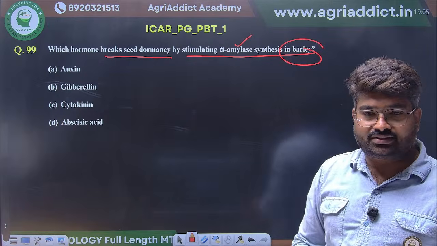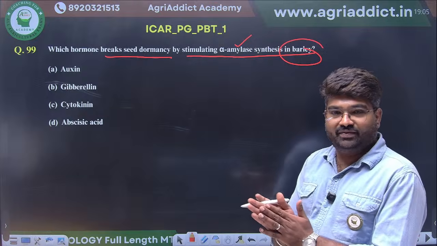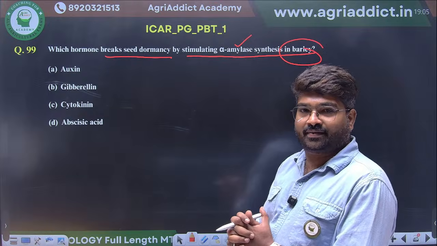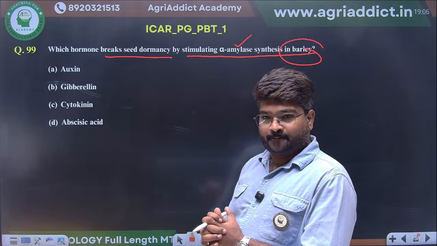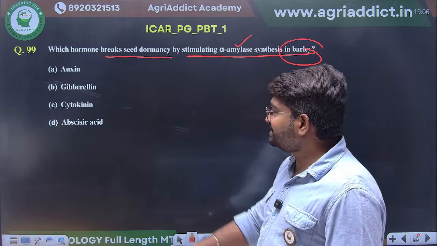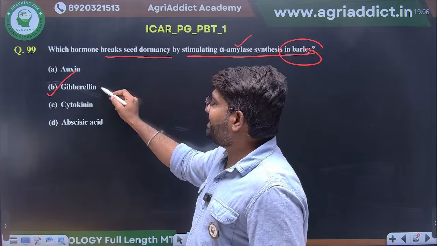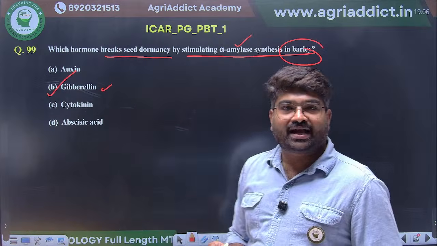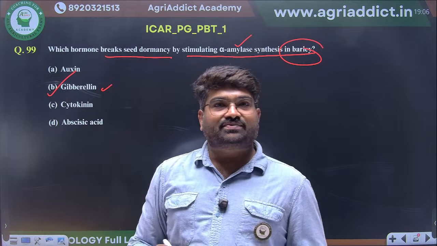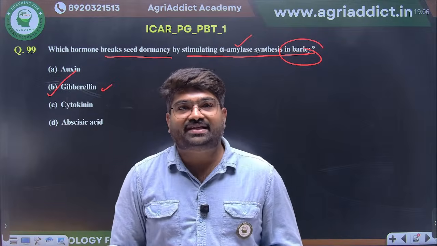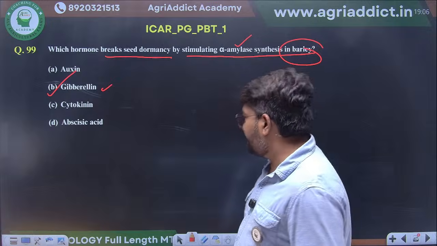Answer, students. Type your comment. Which will be the correct answer? This is a very simple question. We have already seen this one in class. Yeah, gibberellins. Gibberellins is the correct answer. It promotes alpha amylase activity. So breakdown of starch will be there. That will stimulate the germination of the seeds.